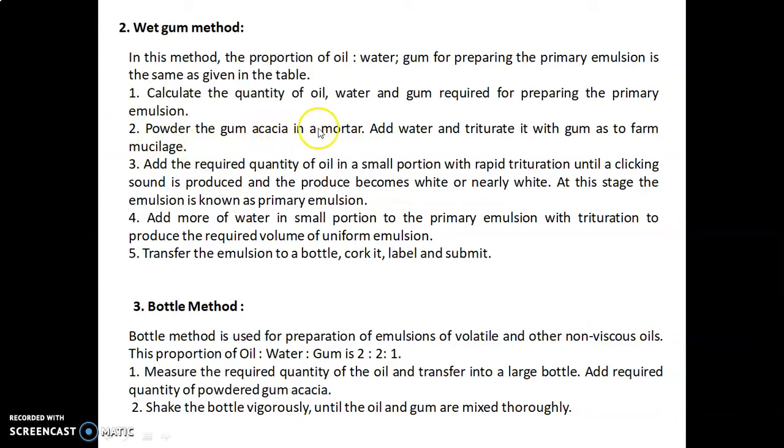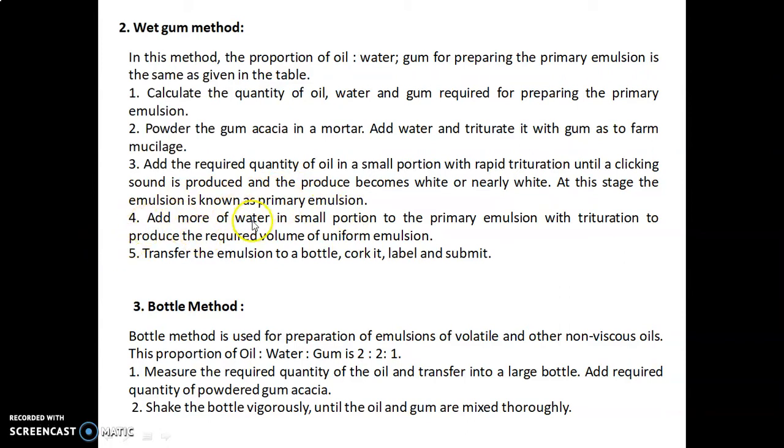Then powder the gum acacia in a mortar, add water and triturate it with the gum to form mucilage. Then third, add the required quantity of oil in small portions with rapid trituration until a clicking sound is produced and it becomes white or nearly white. At this stage, the emulsion is known as the primary emulsion.